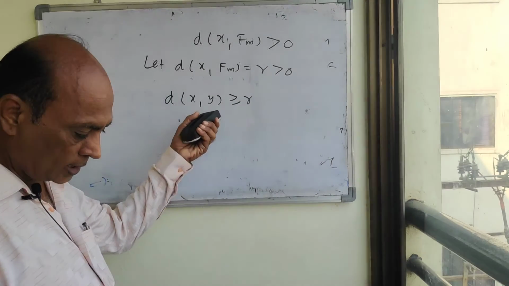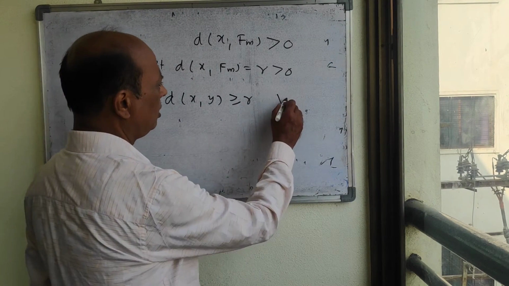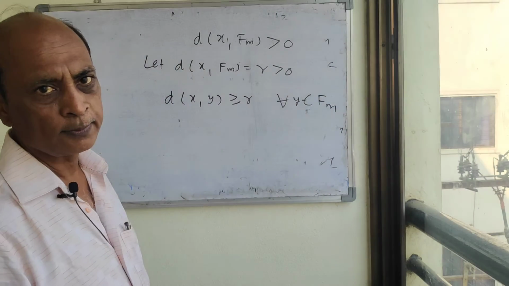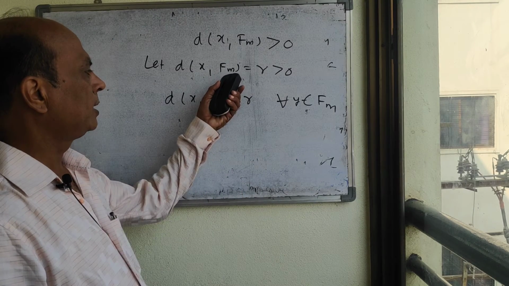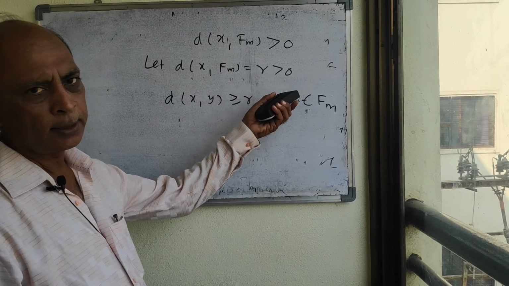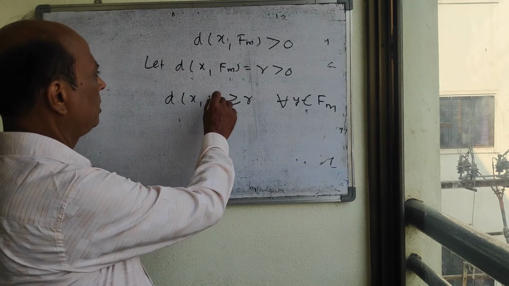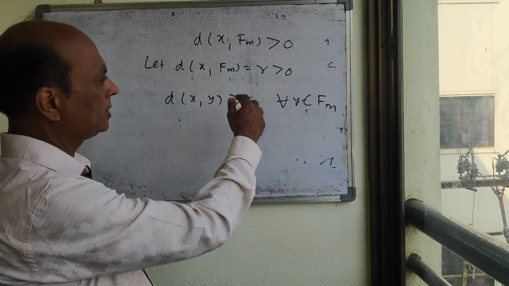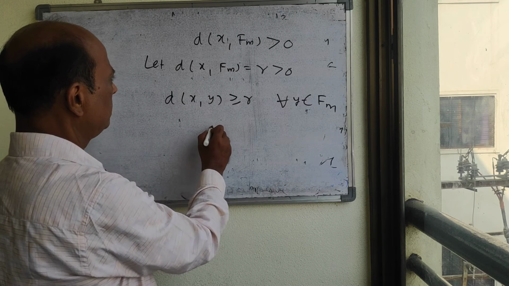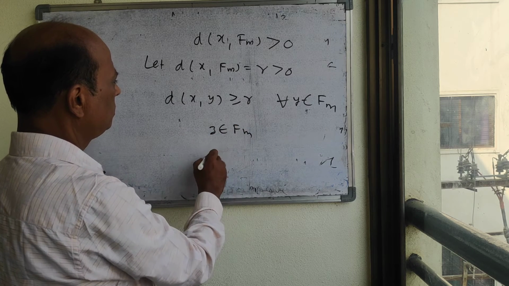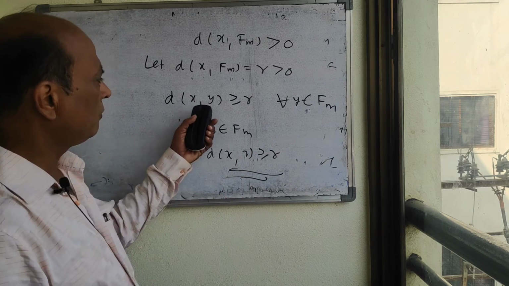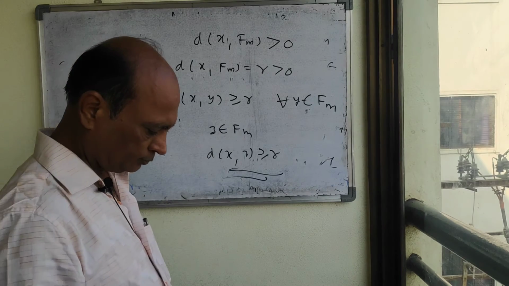It means we have to write here, for all y belongs to Fm, d of x, Fm is greater than or equal to r, which is greater than 0. y is taken from the set, so this must be valid for every element. For every element, if we take suppose z belongs to Fm, then also d of x, z is greater than or equal to r. So this d of x, y is greater than or equal to r.